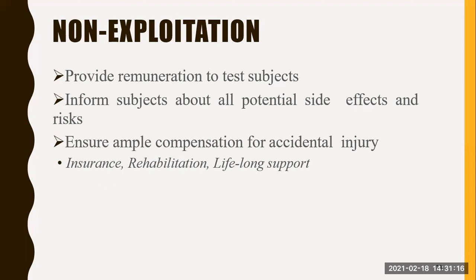Then if the injury is the kind that can be recuperated, then a rehabilitation procedure should be in place. That means the injury is not very fatal, but it can certainly damage some of the organs of the patient. In such a case, rehabilitation is essential. Then lifelong support needs to be given.